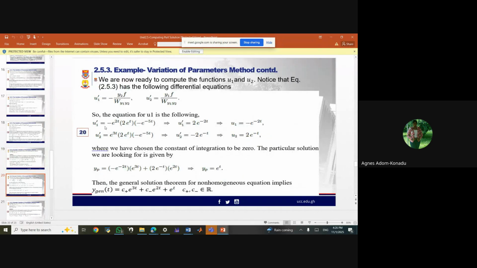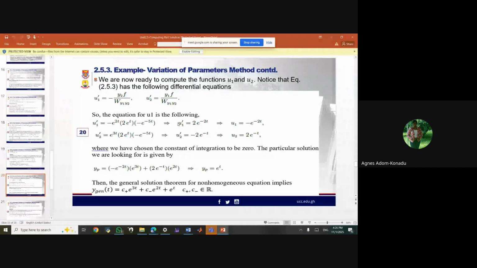So it's going to be minus e to the power 2t times my f, all divided by my Wronskian, which is negative e to the power 5t. When I simplify, I'm going to get 2 e to the power minus 2t.